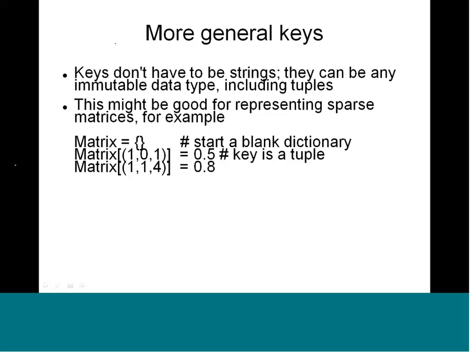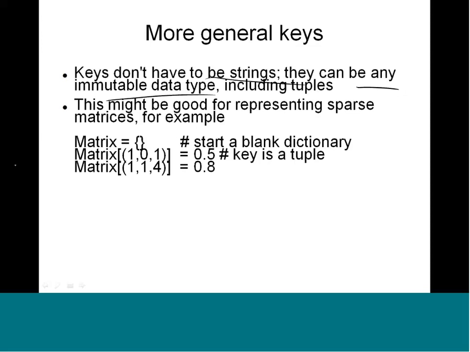Some general notes on keys: keys don't have to be strings, they can be any value, as we already saw. It's only that it must be an immutable data type, including tuples. This particular property is good for representing sparse matrices.